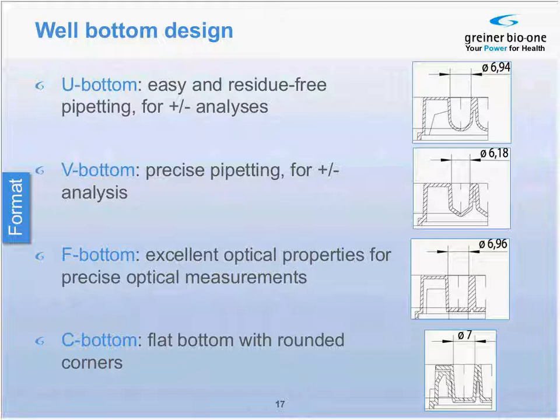V-bottom plates are perfect for precise pipetting, but as well only for plus-minus analysis. Flat bottom microplates, in contrast, offer excellent optical properties and are very well suited for precise optical measurements. The design combines the perfect optical properties of a flat bottom plate with rounded corners for residue-free washing.